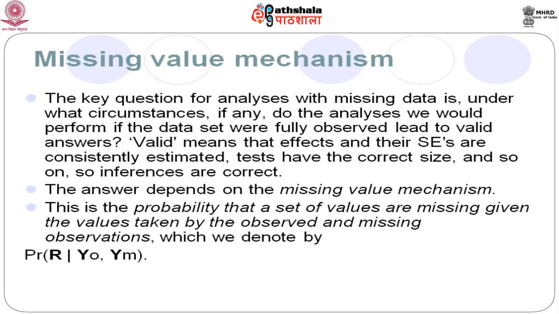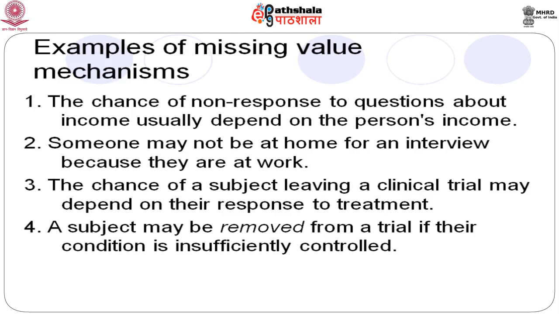We use that subsequently for modeling, but let us go to some examples of missing value. Like the chance of non-response to questions about income usually depends on the person's income. If the person has higher income, he or she may hide his or her income interval or income level.